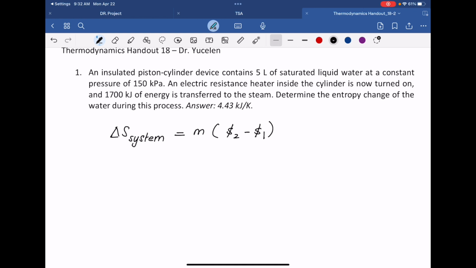So let's take a look at what is given and let's sketch our system. And let's see if we can use that equation to figure out the entropy change. So here is a piston cylinder device and an electric resistance heater inside.